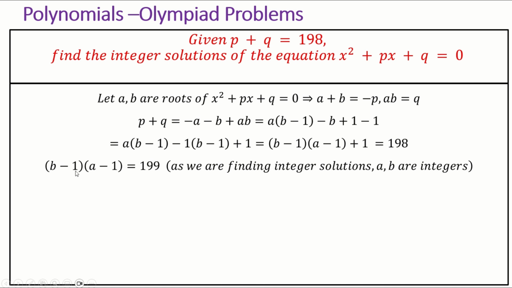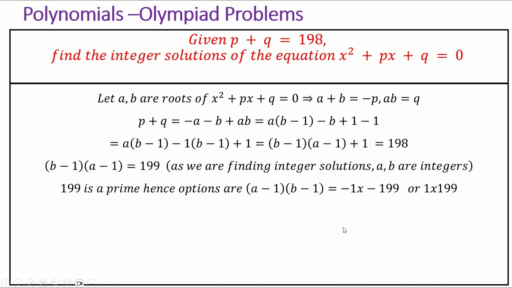So obviously 199 has any factors? No, this is a prime number, right? So a minus 1 into b minus 1 has to be either minus 1 into minus 199 or 1 into 199. So this is the only option. Let's take case 1. Let's take a minus 1 into b minus 1 equal to minus 1 into minus 199.